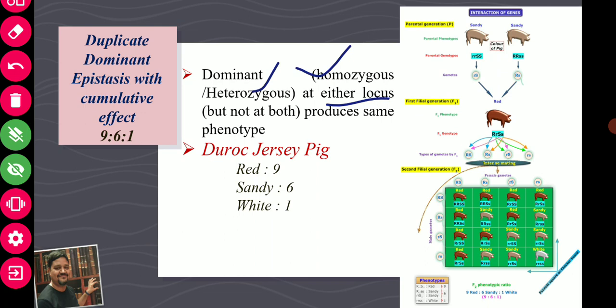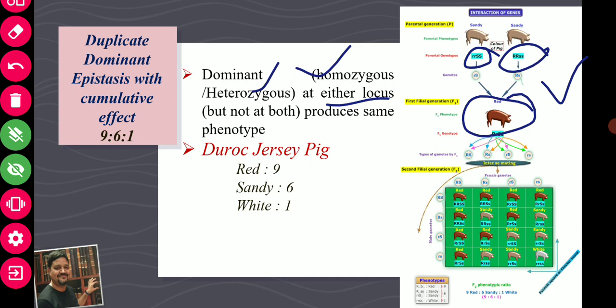So this example is in the Duroc Jersey breed. Here you can see this is dominant at S locus and dominance at R locus. So after crossing, it will produce the brown pig that will be dominant at both the loci, although heterozygous.